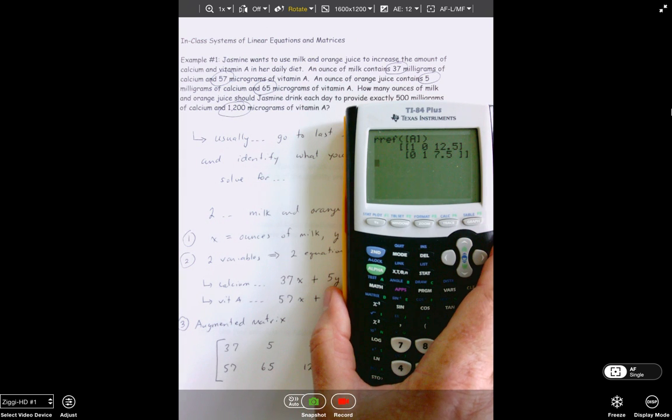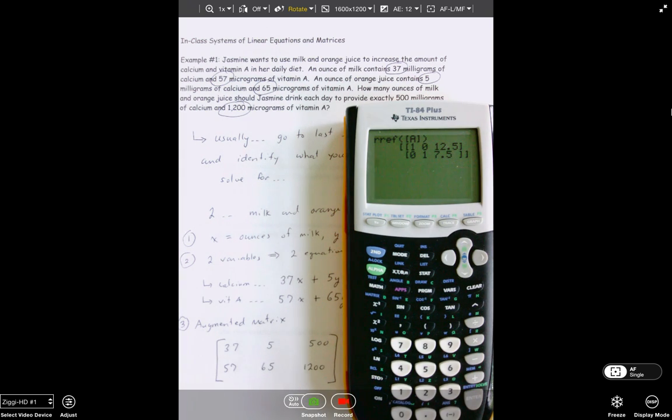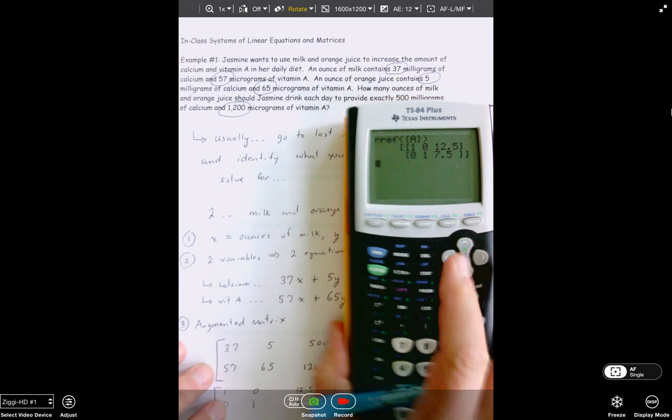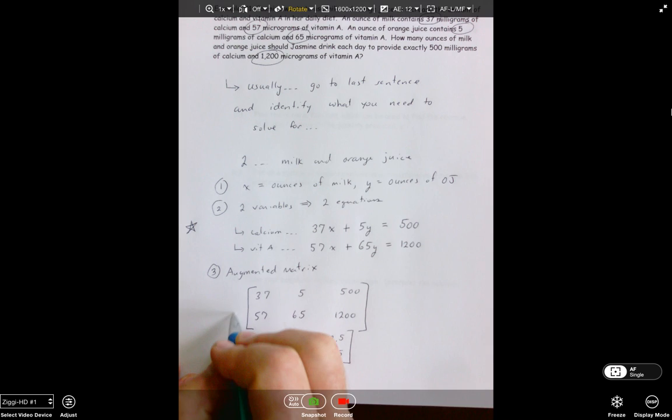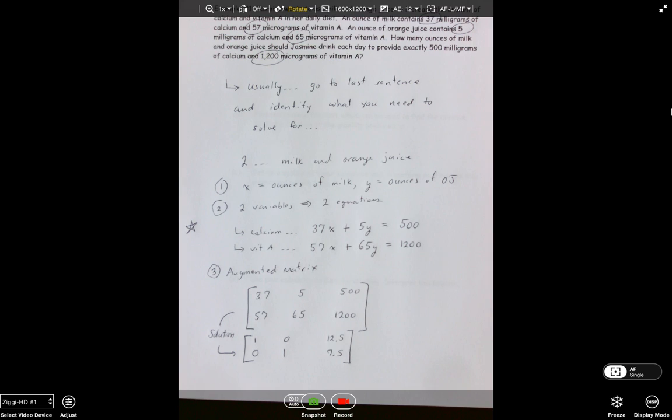Well, the 12.5 came first, so we've got our solution here, 1, 0, 12.5, and 0, 1, 7.5 from the calculator. I don't know if you can read that or not, but this is the solution.